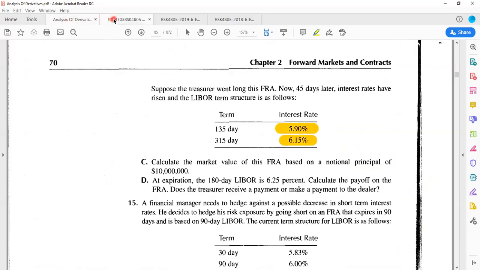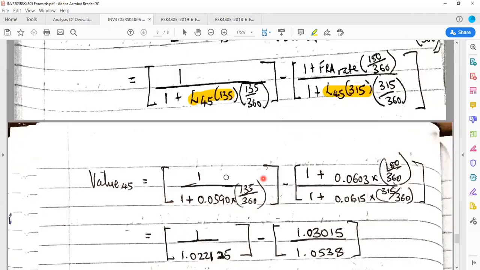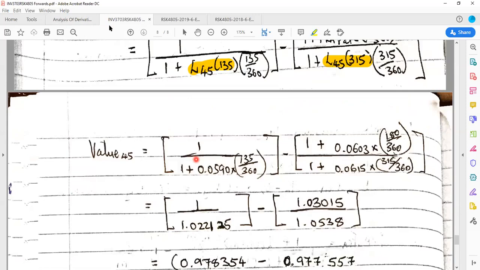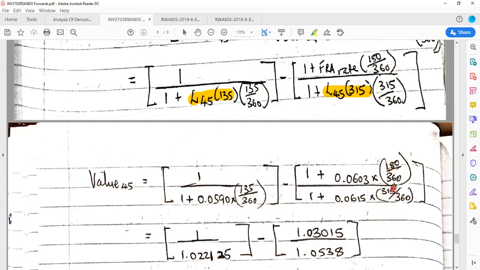So we substitute those two rates into our formula: 0.0590, which is the 135-day rate, and 0.0615, which is the 315-day rate. And then 1 plus 0.0603, this is our FRA rate that we calculated initially. And then this is M over 360.